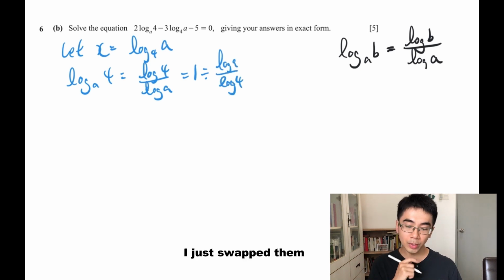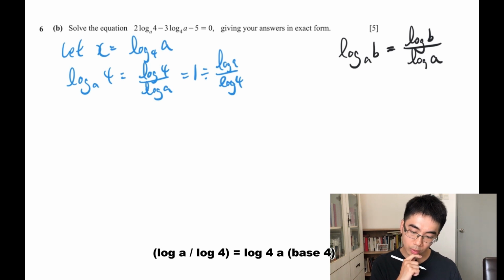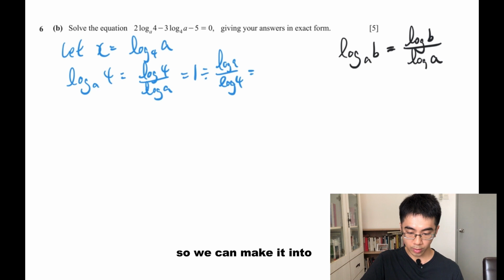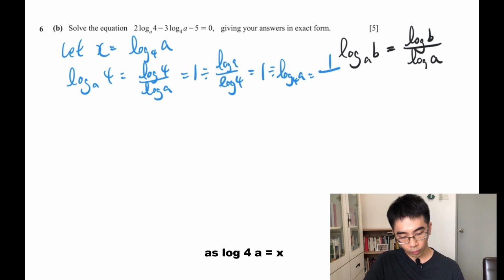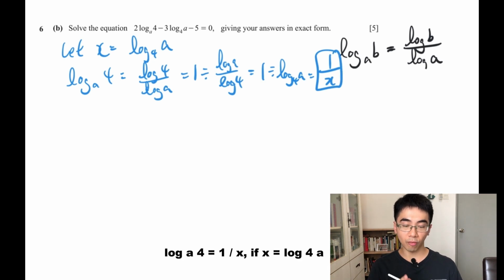I just swap them. So log a over log 4 actually is just log 4a. So we can make it into 1 divided by log 4a, or we can write it this way, 1 over log 4a. So log 4a is just x. So for log a4, it's just equal to 1 over x, if x is log 4a.